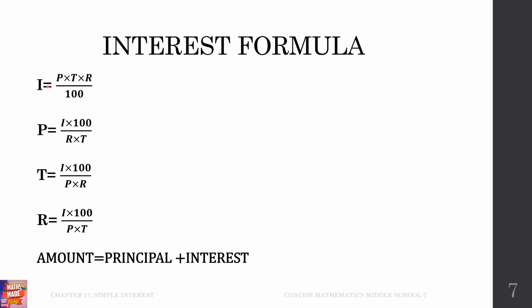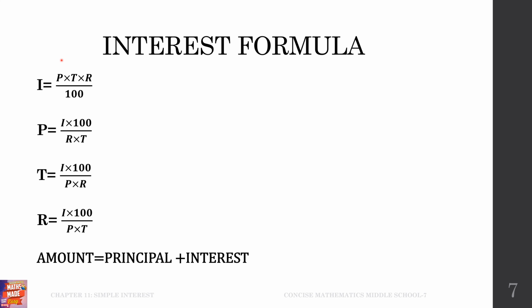So this will always be in rupees. This principal P will always be in rupees, because we are going to take some money. That money comes under principal, so it is always in rupees. Time period may be in months or years, right? And this rate of interest will always be in percentage. Right, children? So just remember this, it will help you in solving the problems.